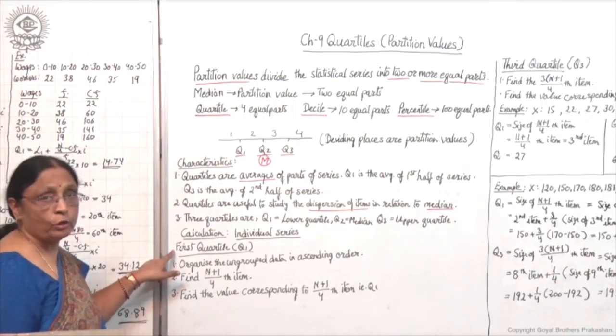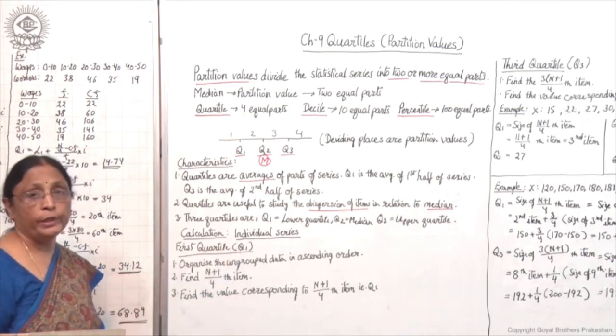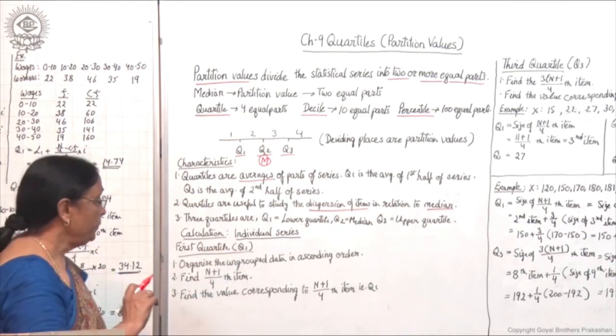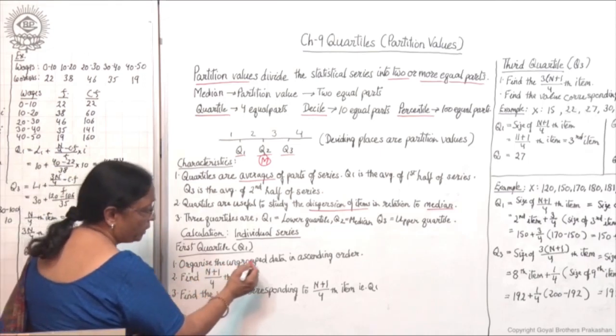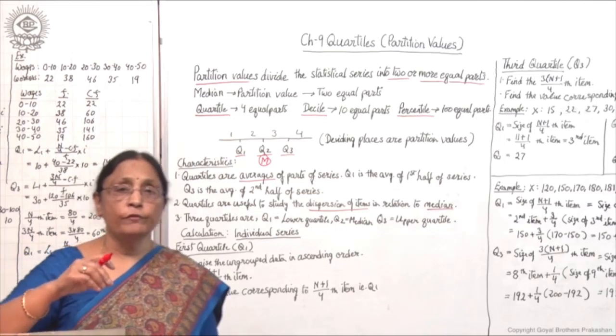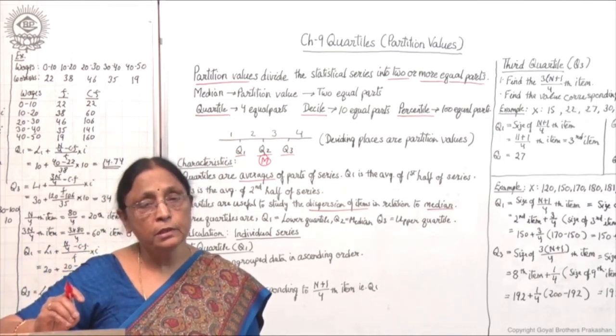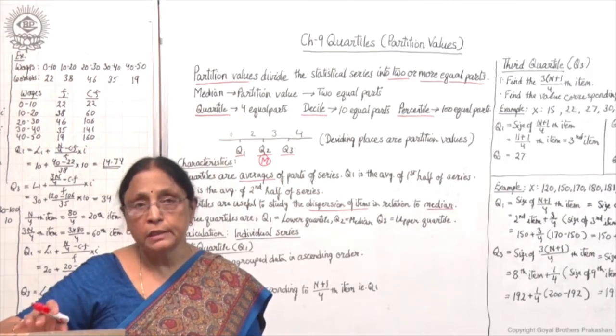Now in the case of individual series, how do we calculate Q1? Q1 is the first quartile, right? Organize the ungrouped data in ascending order. Because it is a case of individual series, the data is ungrouped. That means no frequency is given.